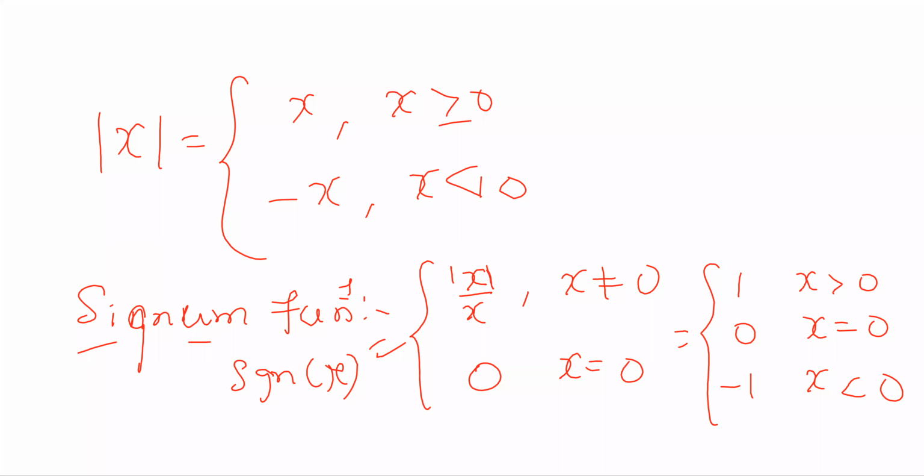The graphical representation: for all x less than 0 it takes minus 1, and for all x greater than 0 it is 1. This is the signum function.